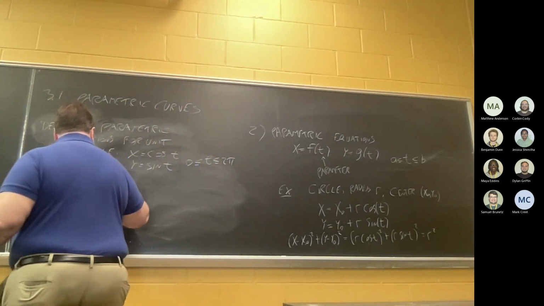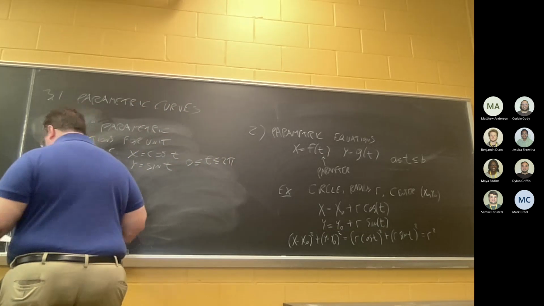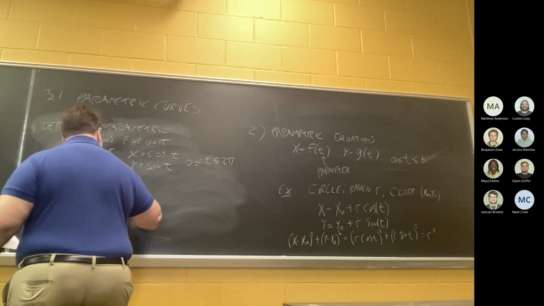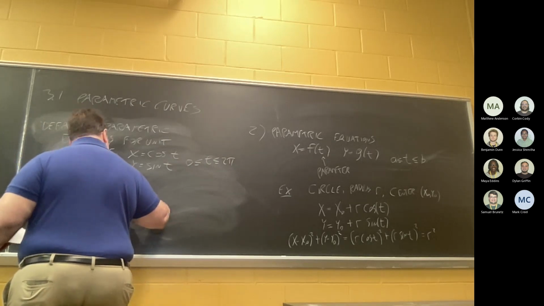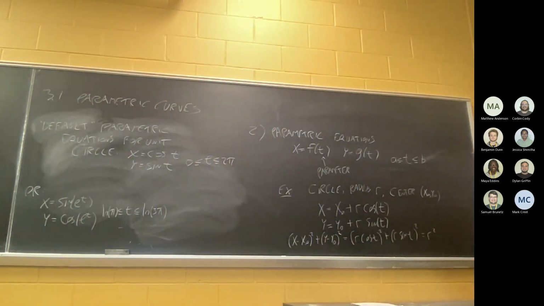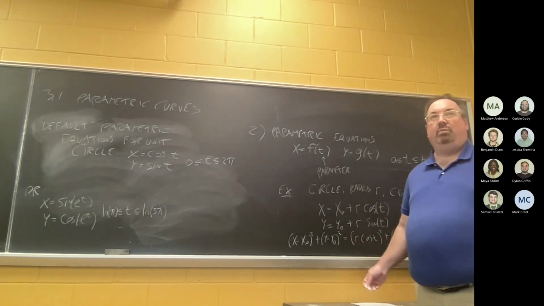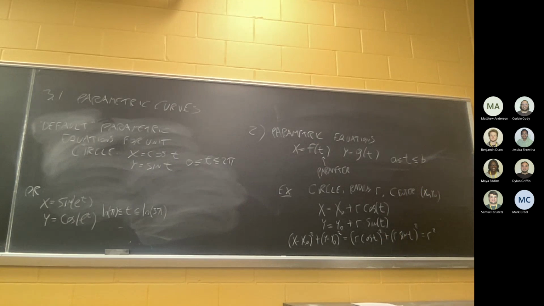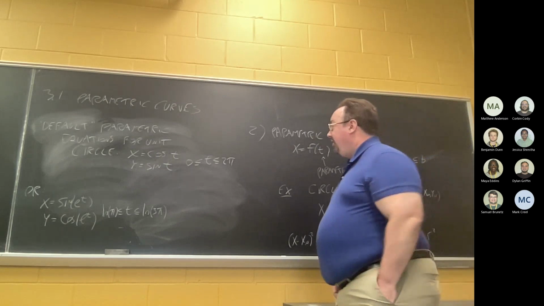Whereas here I could specify the domain for t to start at the natural log of pi and end at the natural log of 3 pi. If I were to simply use either one of these sets of parametric equations to plot the curve, I'd have the same result. What I'd be looking at is a unit circle. But how that unit circle is traced out is different for these two sets of equations.